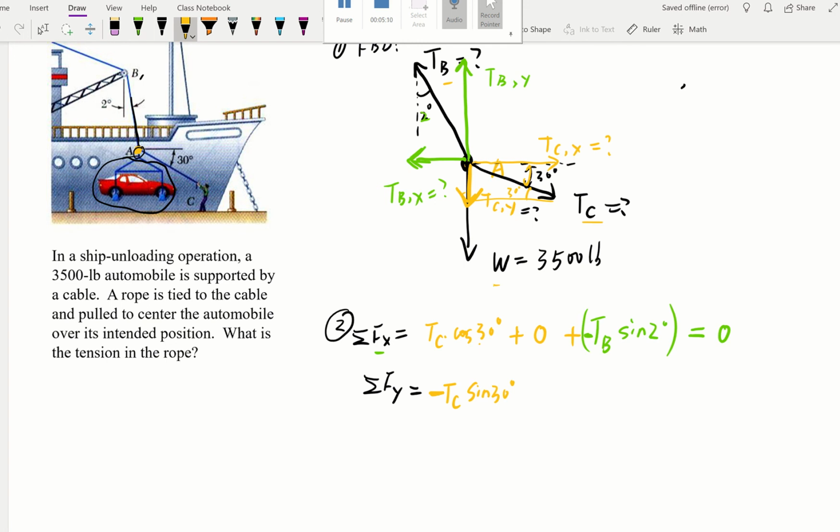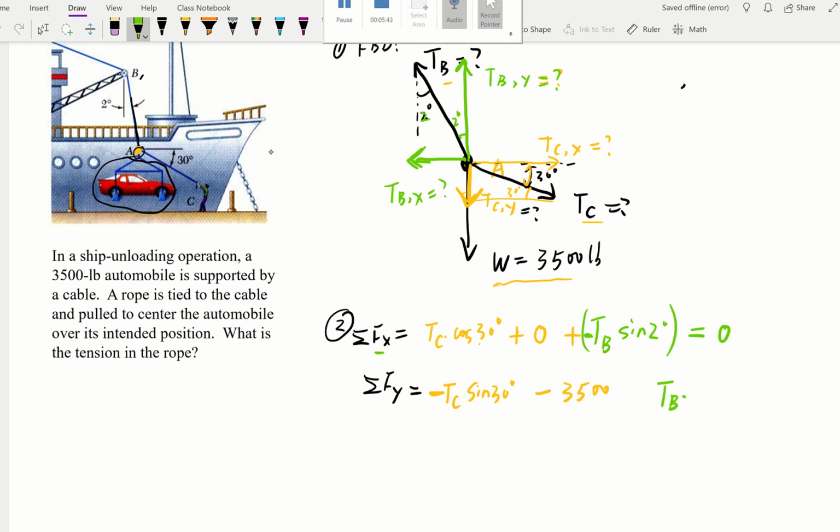Now let's look at the weight. That's our second force. What's the y component of the weight? It's all going down in the y direction, it's all 3,500, and it's going downward, so it's going to be negative. Next, the last force is our TB, and our y component is this one right here. With respect to 2 degrees, that is adjacent, so we're going to use cosine.